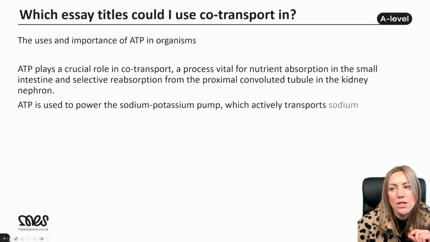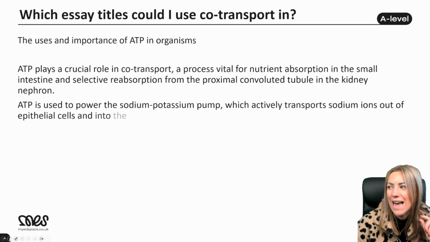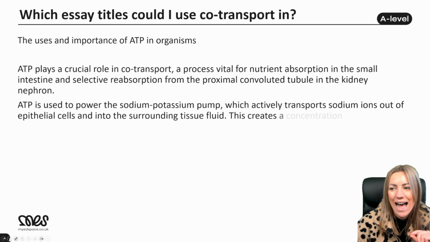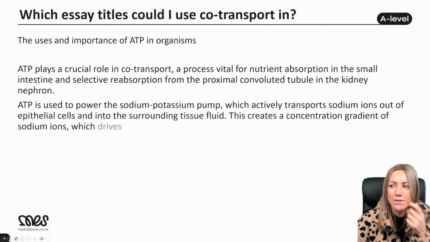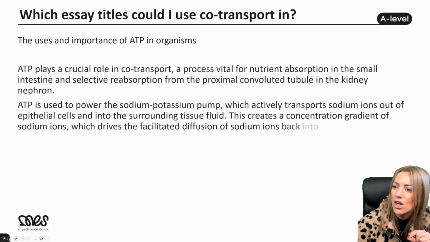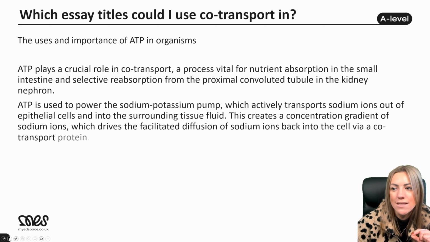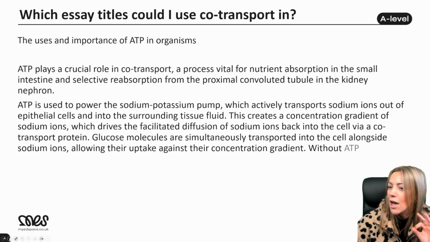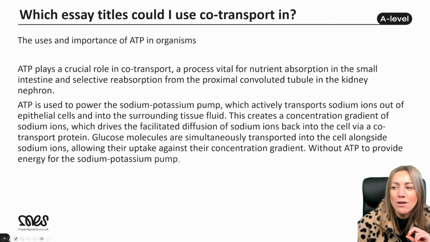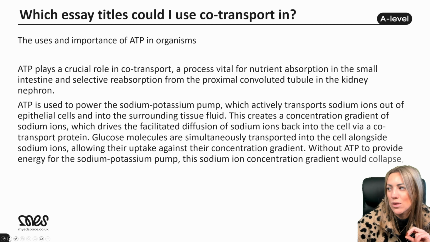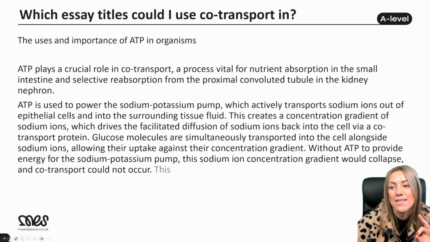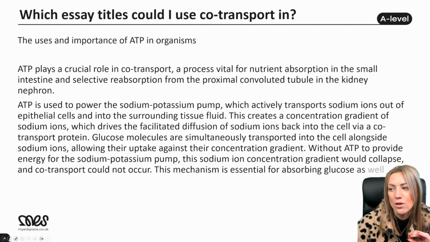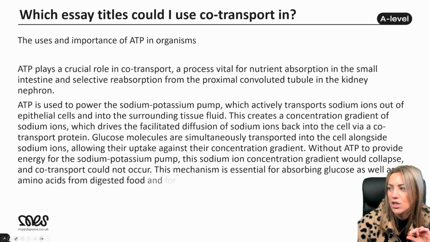ATP is used to power the sodium-potassium pump, which actively transports sodium ions out of epithelial cells into the surrounding tissue fluid. This creates a concentration gradient of sodium ions, which drives the facilitated diffusion of sodium ions back into the cell via a co-transport protein. Glucose molecules are simultaneously transported into the cell alongside sodium ions, allowing their uptake against their concentration gradient.